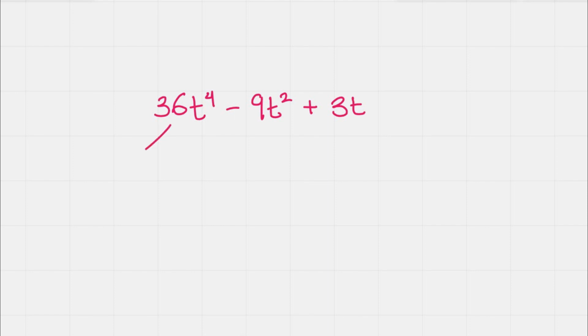So 36 can be broken down into 9 and 4, and 9 and 4 can both further be broken down into 2 times 2 for 4 and 3 times 3 for 9, and those are your prime factors. 9 can be broken down into 3 times 3, and 3 is already a prime number, so it would just be 3.